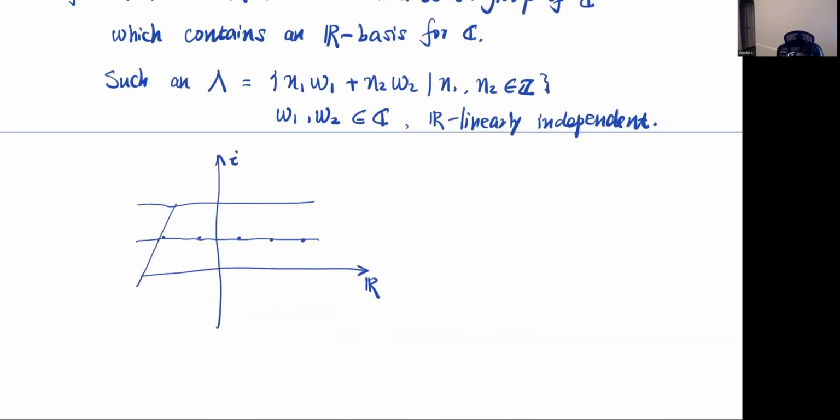I'm not drawing a great picture here. There is a way nicer picture. Did I draw a nicer picture in the notes? I drew a picture in the notes.